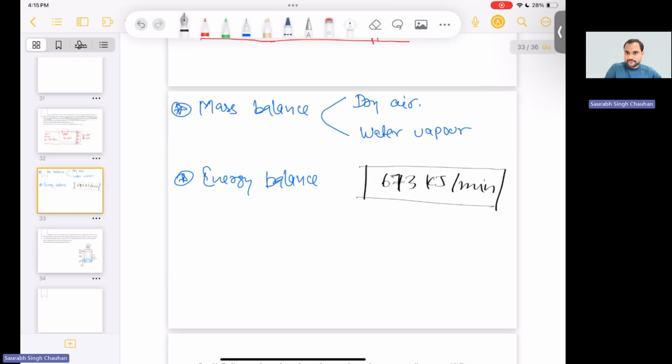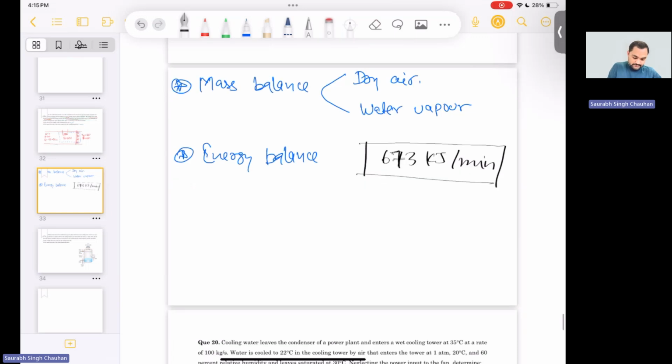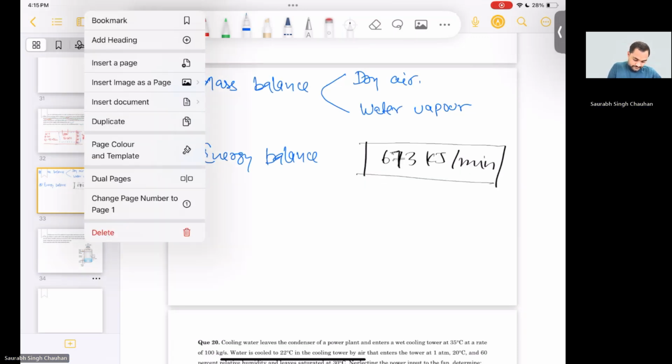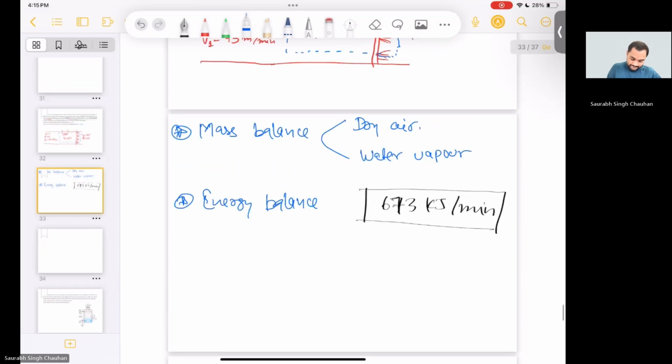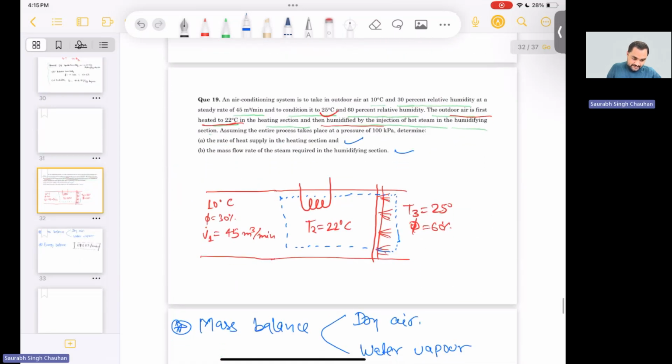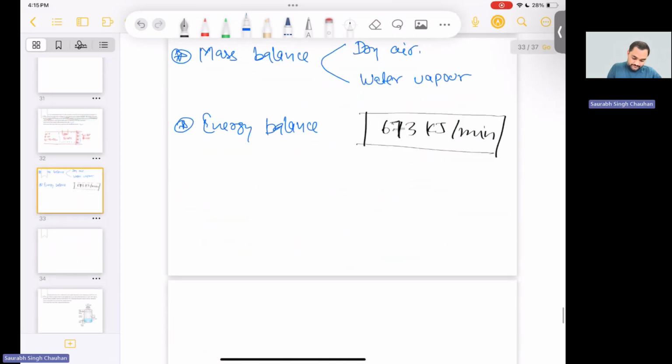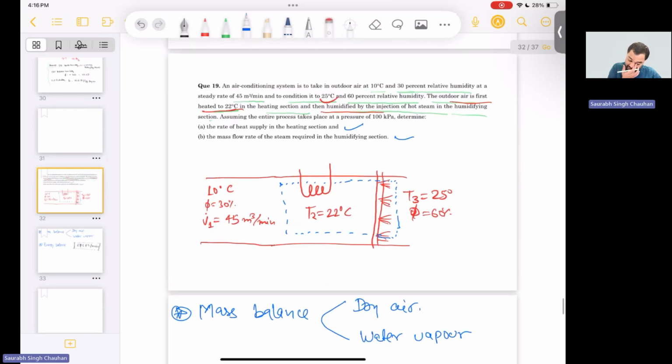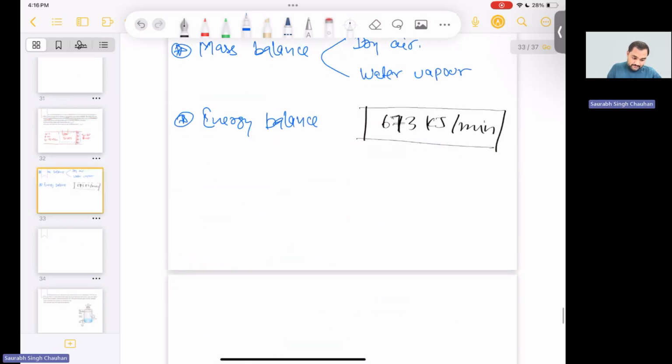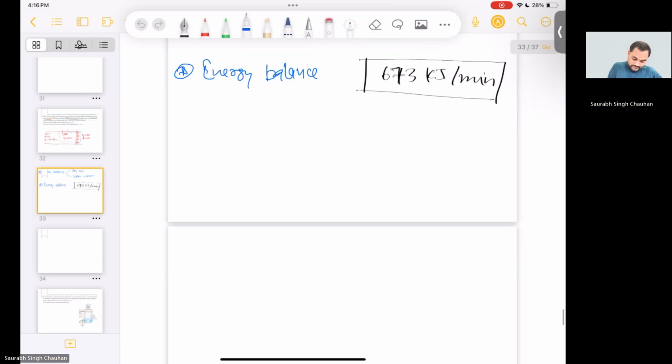Again, I request you to please try to solve this question. I'm running out of battery, so that's why I'm rushing, because the meeting can be stopped in between. In part B, we have to find the mass flow rate of steam. So again, the mass balance for water.